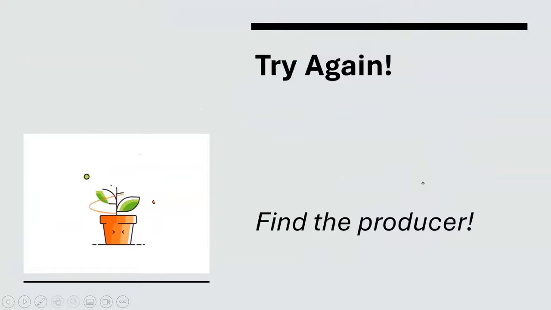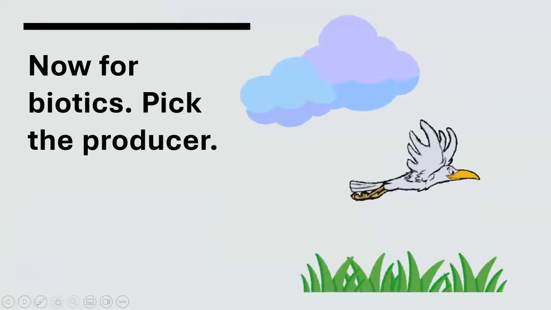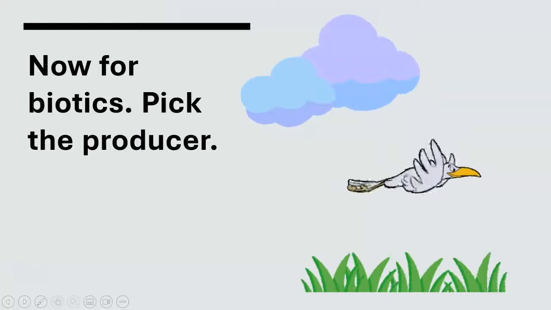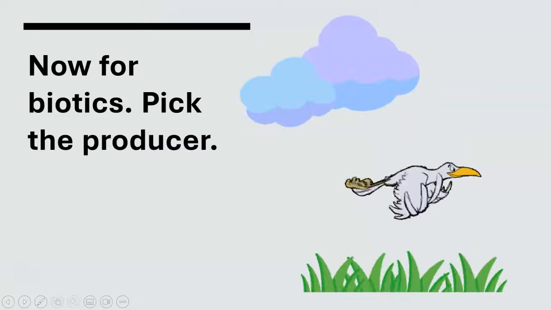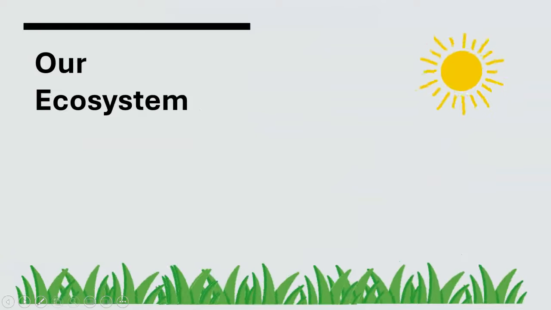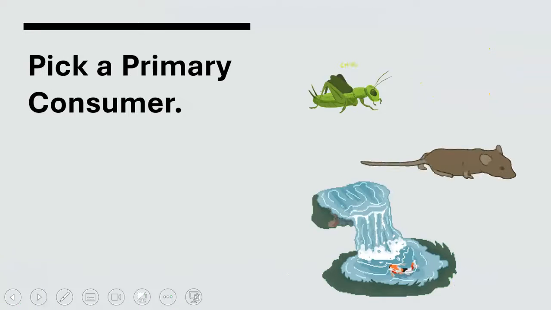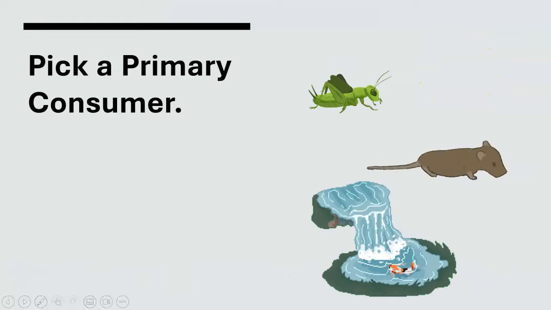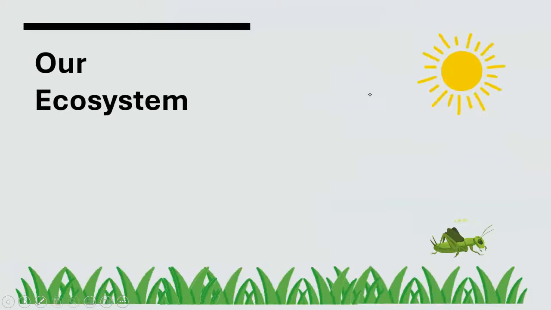No, it wouldn't be a crane. So someone that makes their own food would be actually our grass. Now we need a primary consumer, so something that consumes our producer, a grasshopper, right?